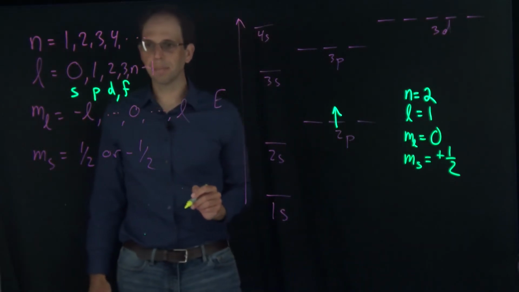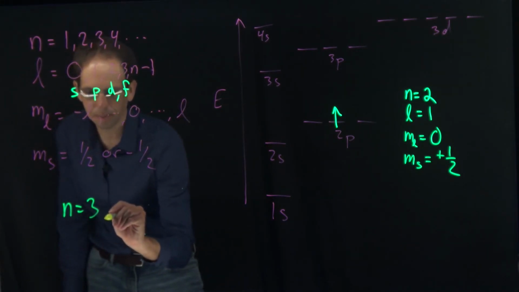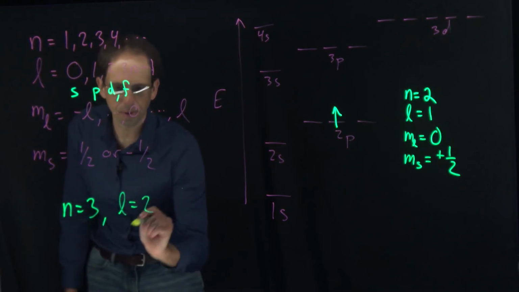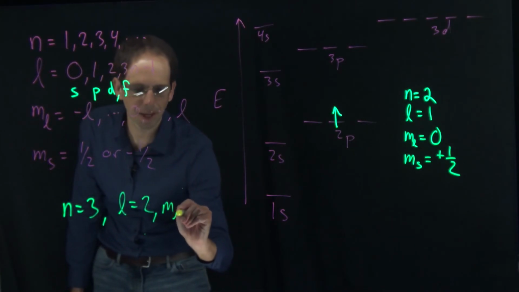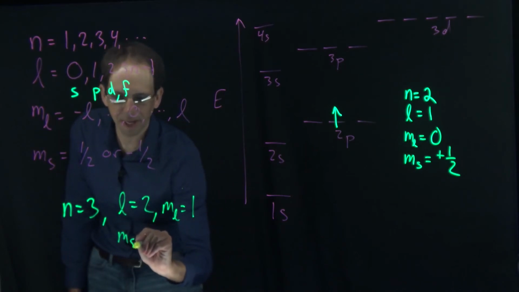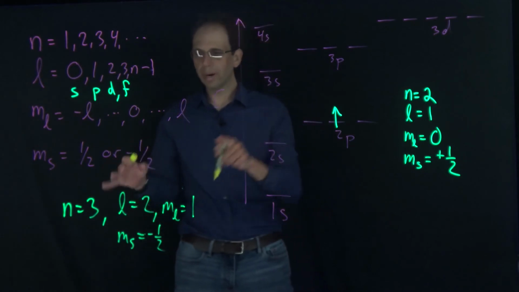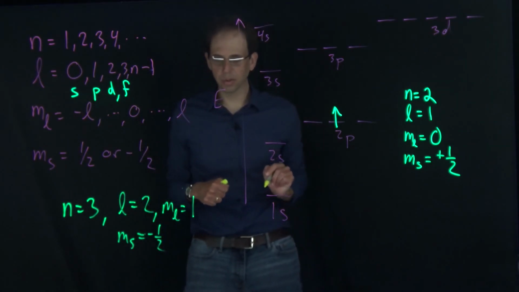Let's do another example. Suppose I have n equals 3, L equals 2, m sub L equals 1, and m sub S equals -1/2. Where is the electron corresponding to those quantum numbers?